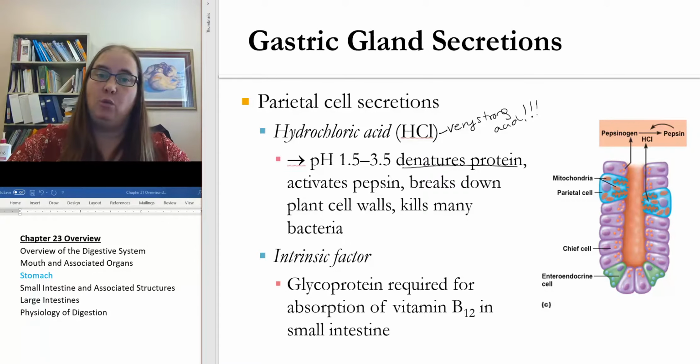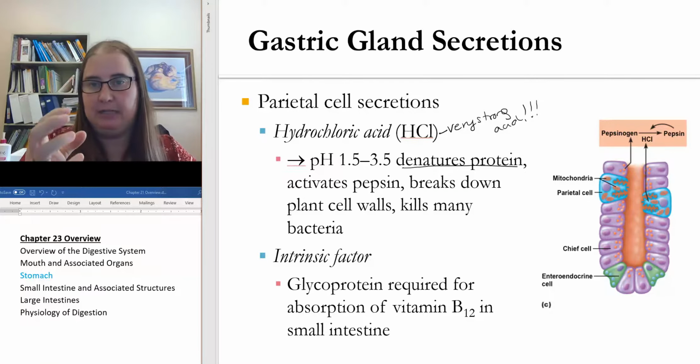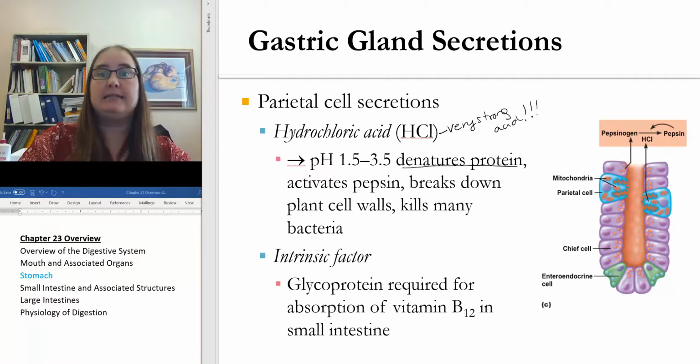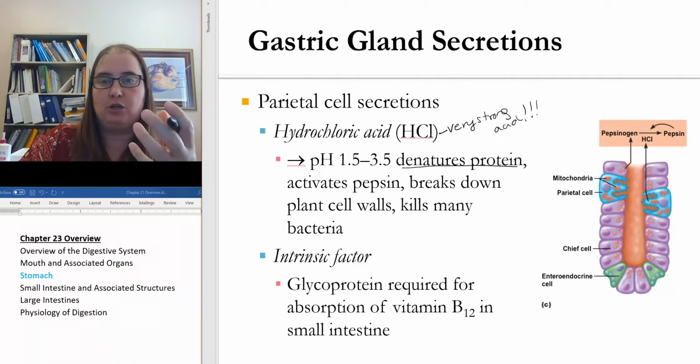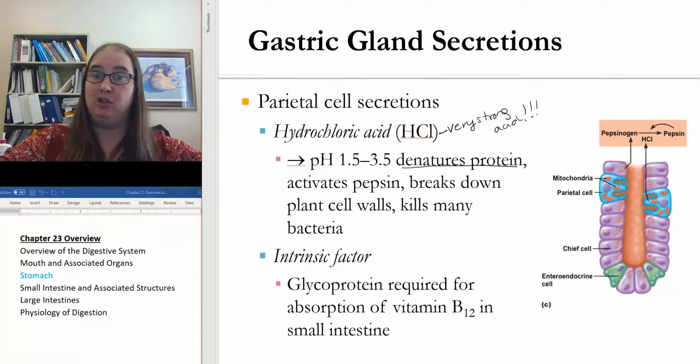What this hydrochloric acid does is it doesn't break down the protein into individual amino acids. It takes that really complex quaternary structure and breaks it down into a single chain so that when it moves on into the small intestines and gets exposed to proteases, which are going to break down proteins, that molecule is more easily accessible.